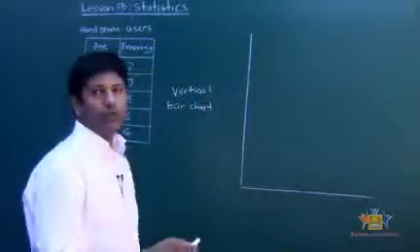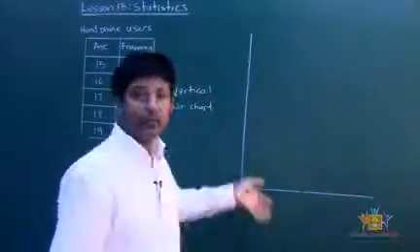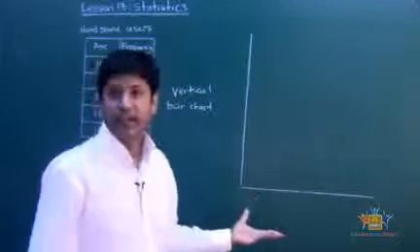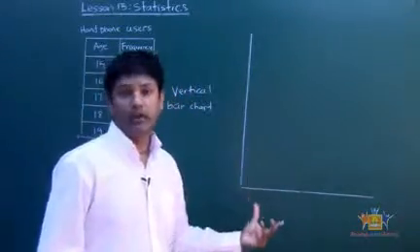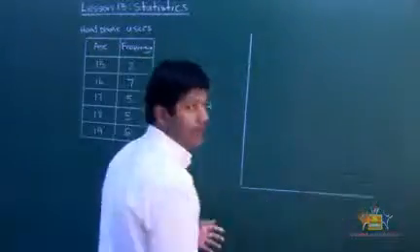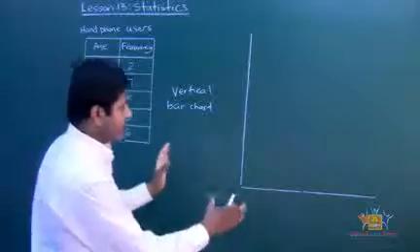If we want to do a vertical bar chart, once you construct the x-axis and y-axis, you need to decide which part of the axis represents what. Let's start with the x-axis. The x-axis will represent the age, the category.